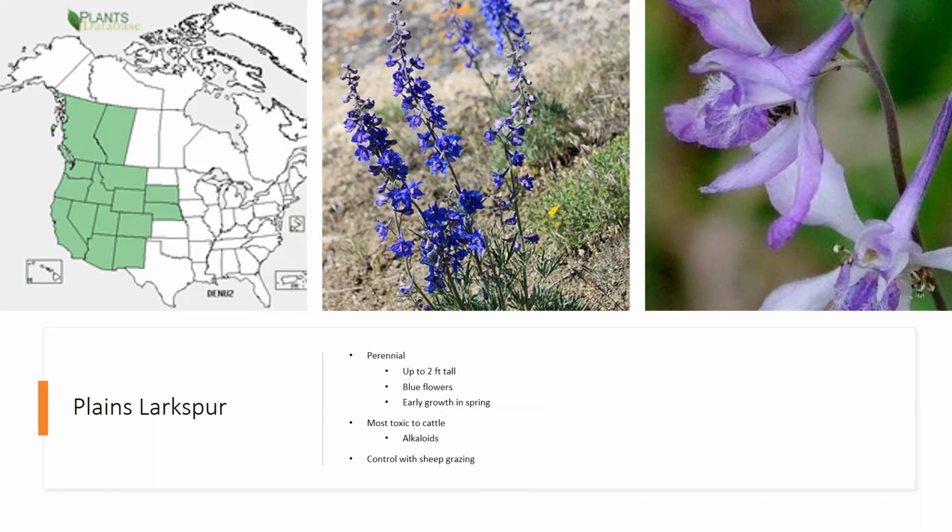But you can also do targeted grazing with sheep, and goats are also resistant to the alkaloids that are found in this plant. If you want to try to control for this with grazing, you'll want to use sheep or goats, but definitely do not use cattle because it will most likely be fatal to cattle.